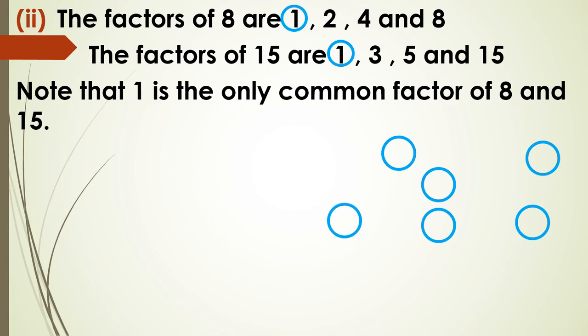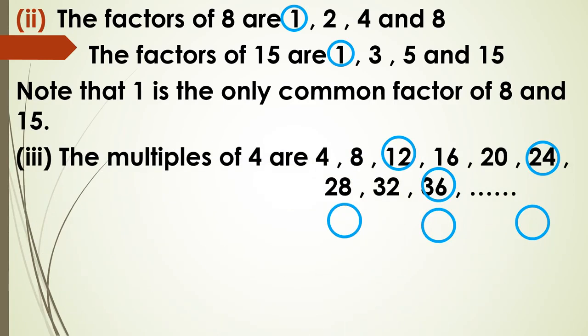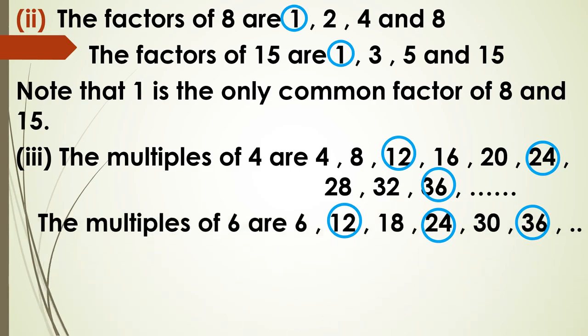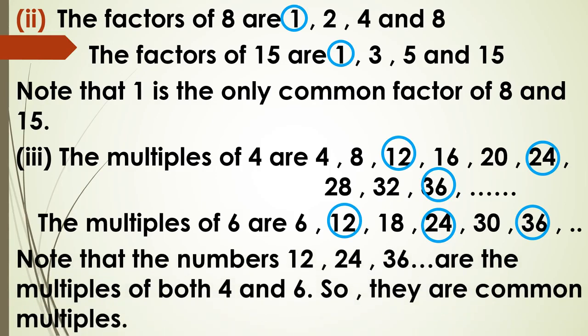Third example. Now in this I am telling the common multiples. The multiples of 4 are, we have to write down tables. I have written up to 4 9s are 36. Multiples of 6 are 6, 12, 18, 24, 30, 36. Note that the numbers 12, 24 and 36 are the multiples of both 4 and 6.